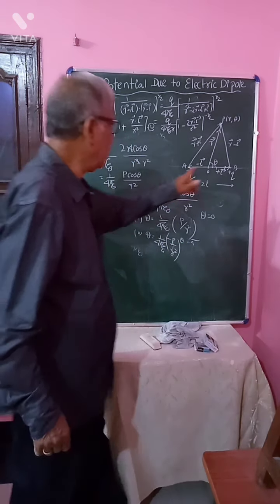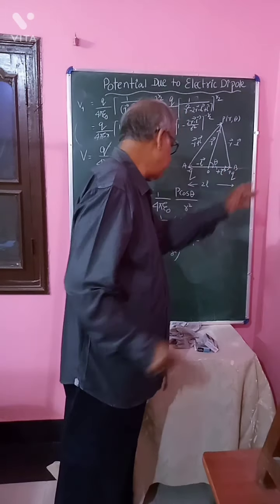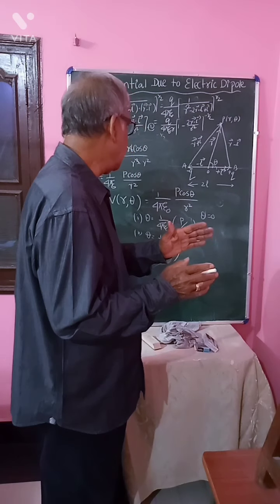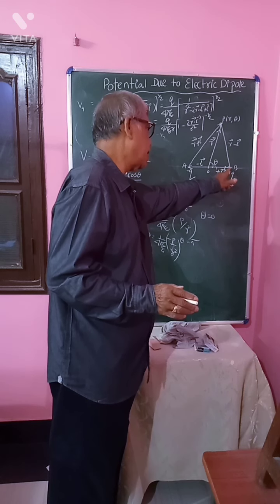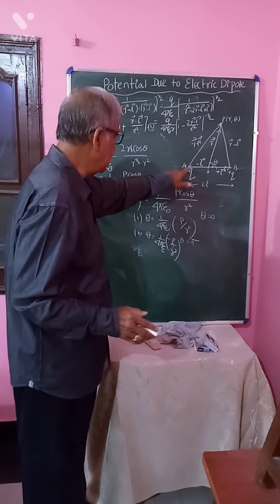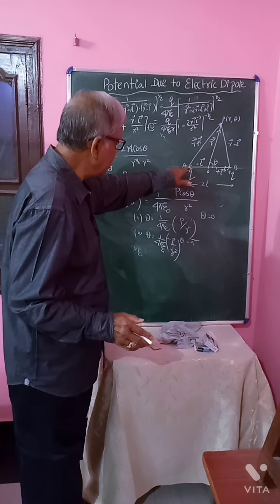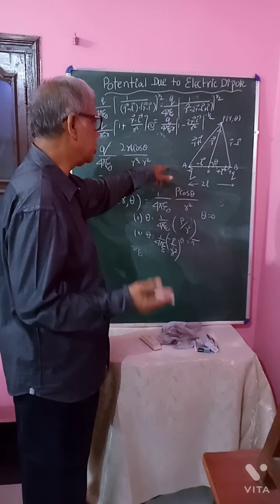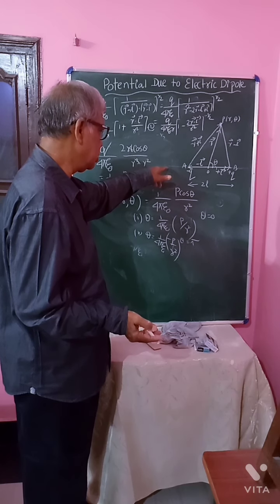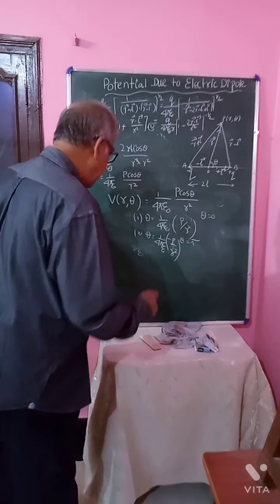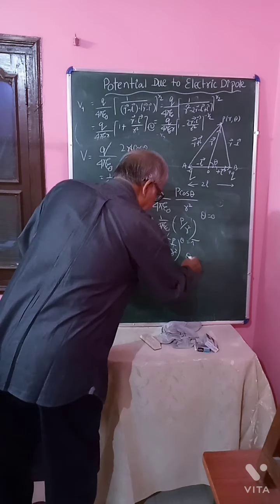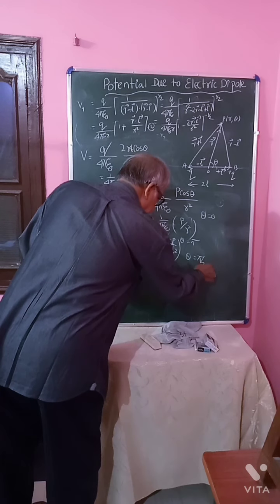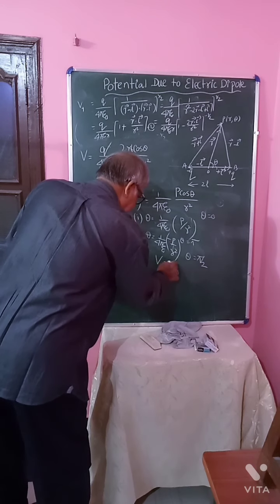That is, at a point near the positive charge, the potential is positive because the contribution of the positive charge is more. Similarly, at a point near the negative charge, the potential is negative due to the dipole. And if theta is pi by 2, 90 degree, cos 90 is 0, and potential is 0.